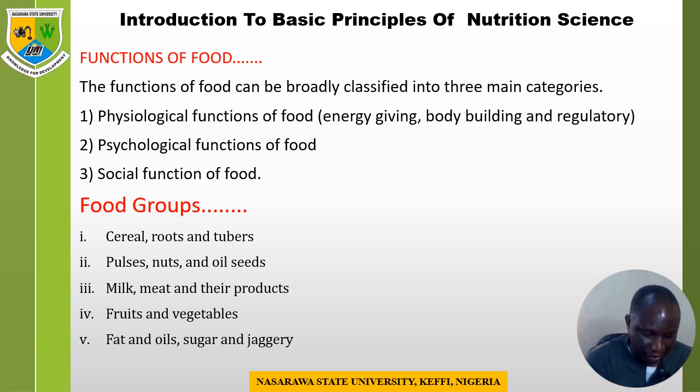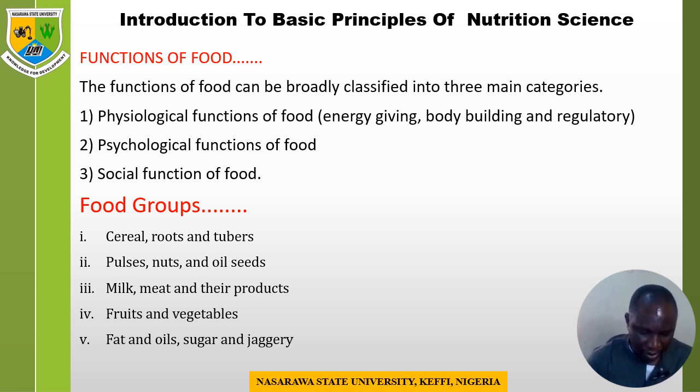We also have vegetables, which we can get from spinach, ewedu, and all other vegetables like water leaf, bitter leaf. They are rich in vitamin B2, folic acid, calcium, fiber, iron, and carotenoids.